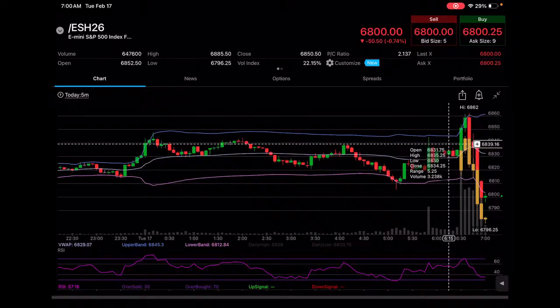Let's see. Strikes. Let's go 6750. Good delta. Buy and sell.